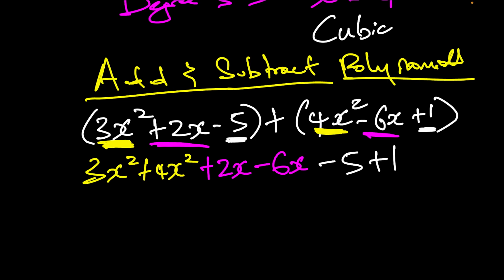3 lots of x squared plus 4 lots of x squared is 7 lots of x squared. We're only adding the coefficients, the 4 and the 3. Then we have 2 minus 6. So I'm talking about that plus 2 minus 6. So that's just going to leave us with negative 4x right there.